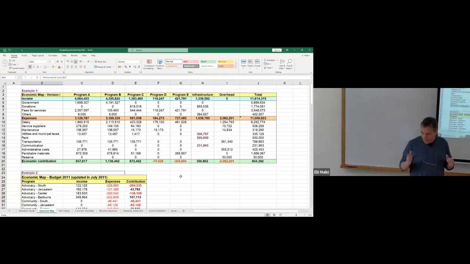Their answer, the average, was 13%. Which is even lower than the Israeli restriction, almost half. So there is a general notion, which is probably incorrect, and we'll discuss it later on. We'll talk about overhead, but there is a pressure on nonprofits to limit overhead expenses.